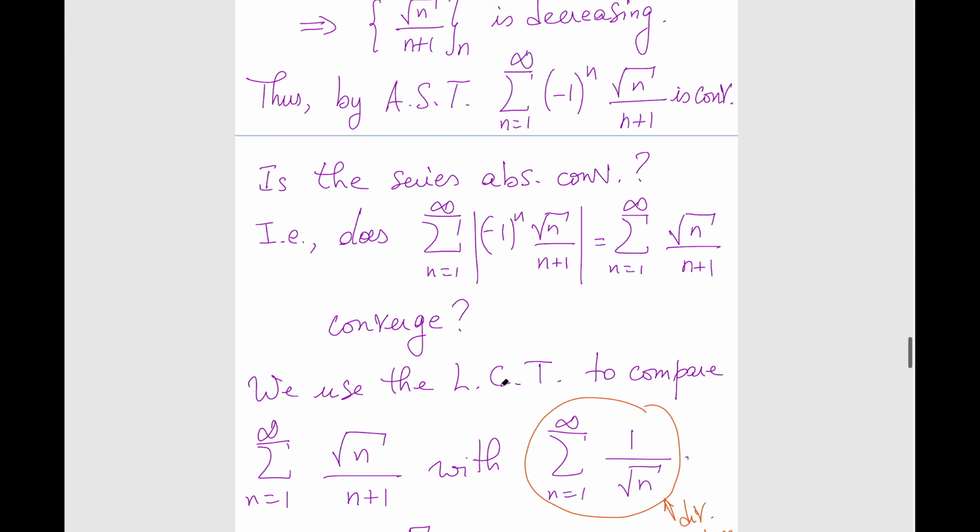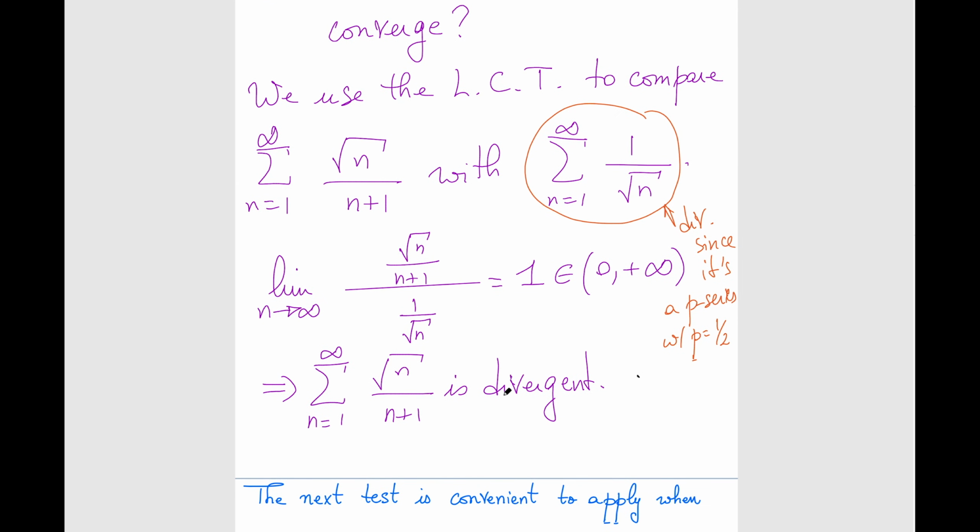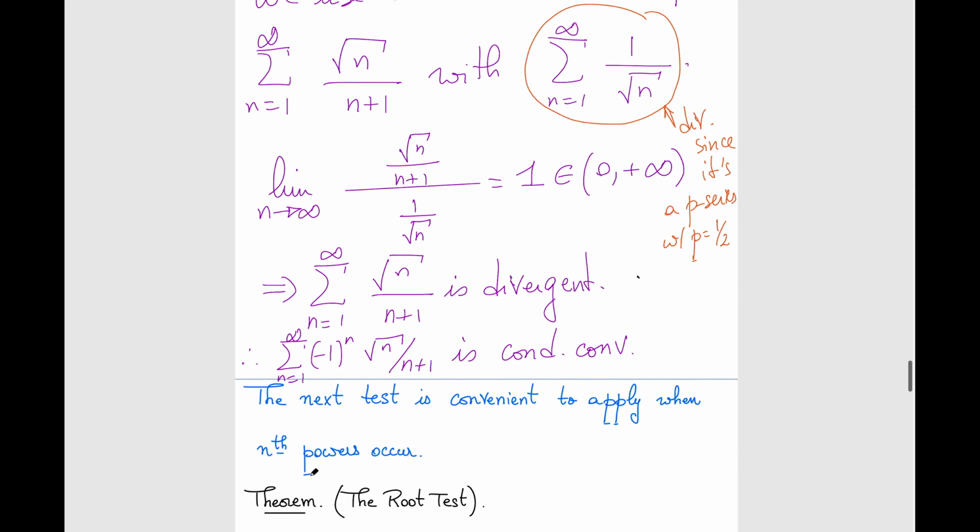With the absolute value, it diverges. So all in all, the initial series without the absolute value is conditionally convergent, right? It converges without the absolute value, but it diverges with the absolute value.